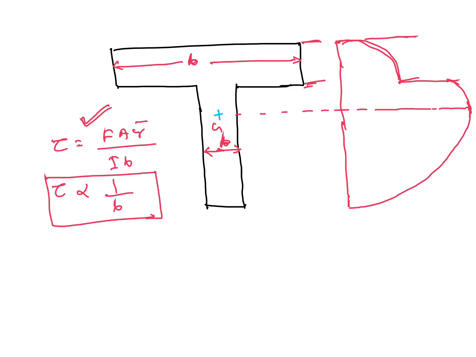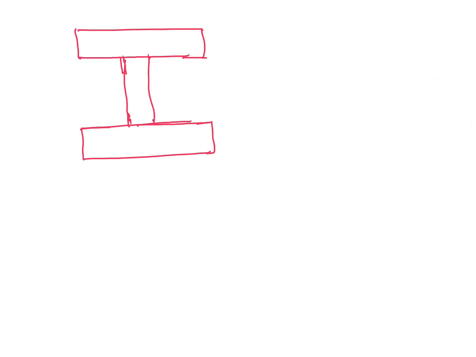Wherever width is more, shear stress will be less. In this type of beam, see, from here to here and from here to here, width is more, so this area you will get less shear stress. It will come like this. So you remember, tau is inversely proportional to b.